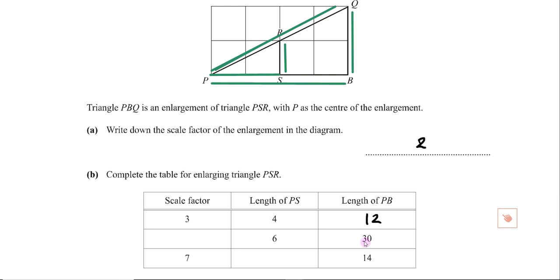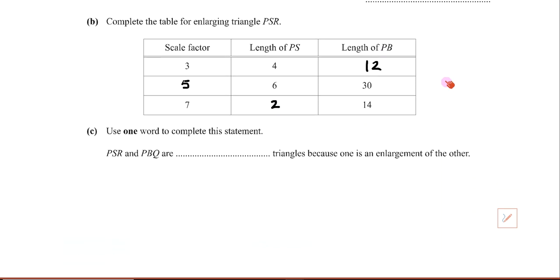So 6 times what gives you 30? 5. Scale factor 7, something times 7 gives you 14. It is 2. Yeah. Oh, because of the length of PS?